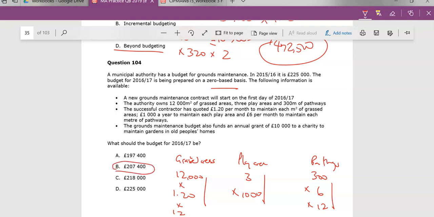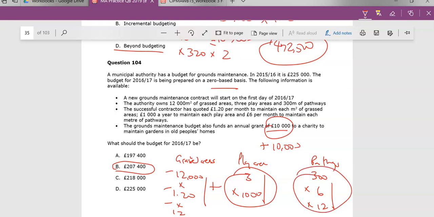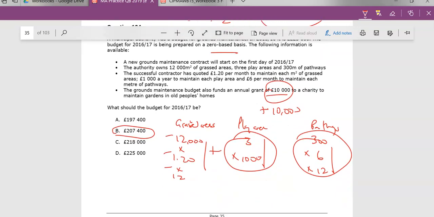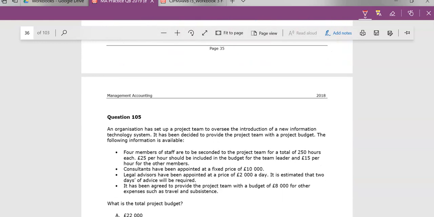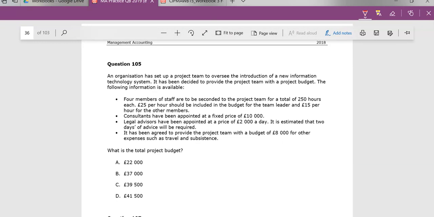Oh, sorry. There's also a grant of 10,000 to add to that, and you will arrive at 207,400. This times this times this, plus 3 times 1,000, plus this times 12, and you will arrive at 207,400.